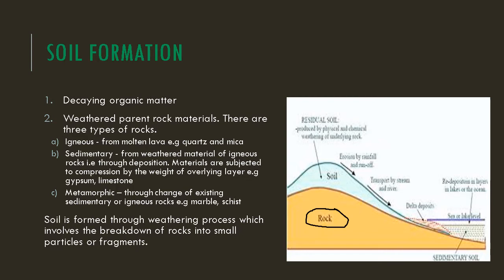When it accumulates, after a while, over time, it can be transported and deposited. When it is deposited at this point here, you get what we refer to as sedimentary rock. So in summary, soil is formed through the weathering process, which involves the breakdown of rocks into small particles or fragments.